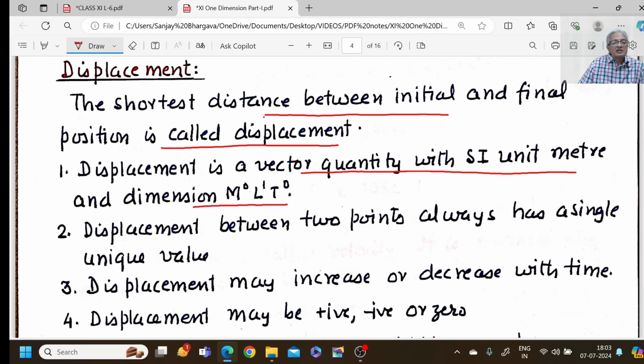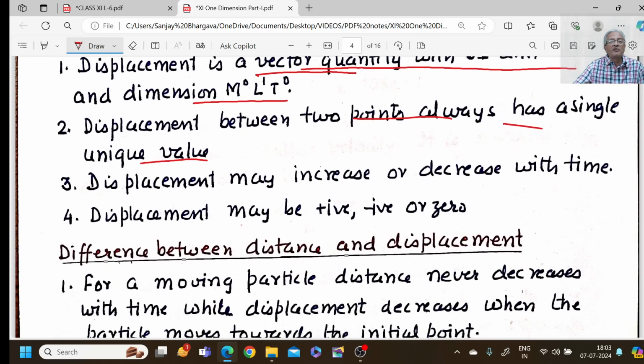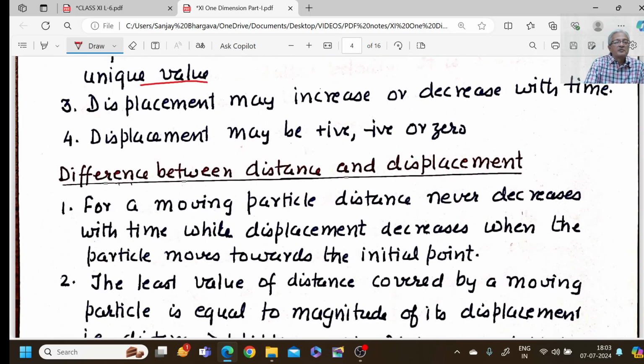So distance was a scalar, displacement is a vector quantity having the same dimension and the same unit. Displacement between 2 points always has a single unique value because it is the shortest distance between initial and final positions. It cannot have variable values.